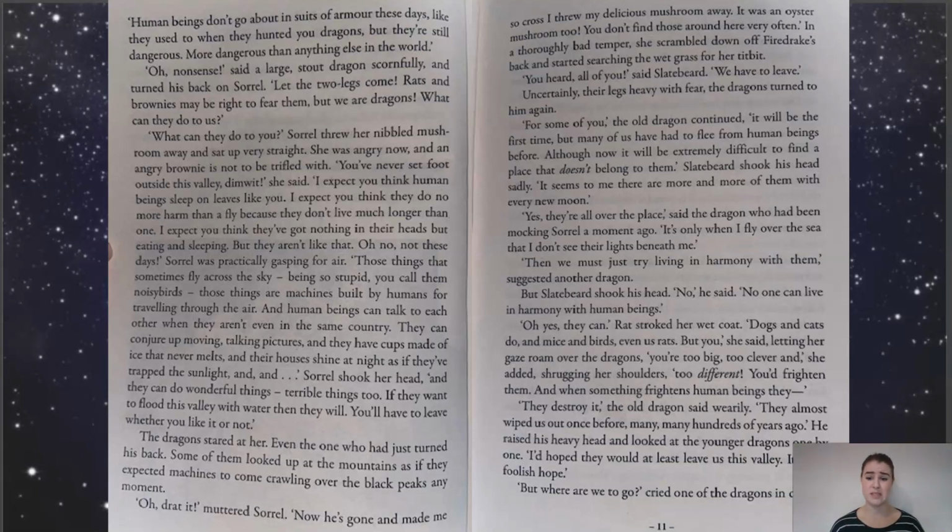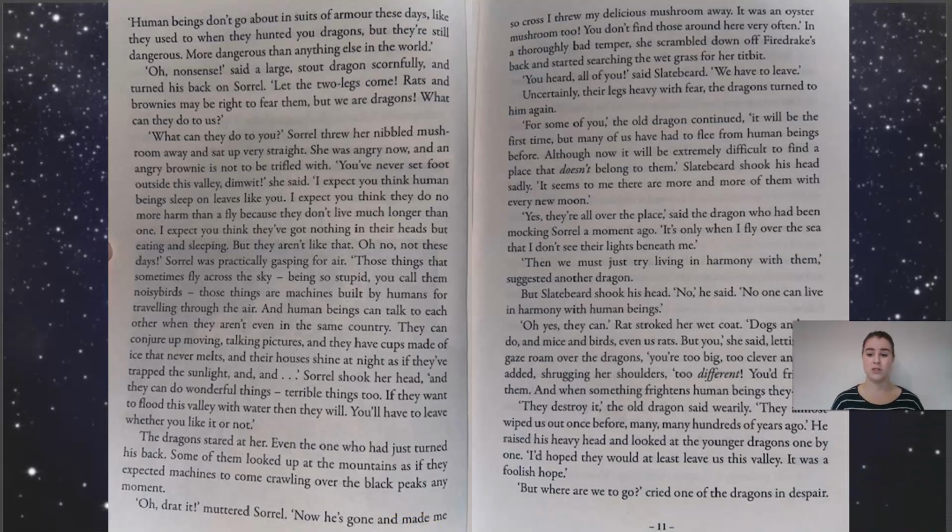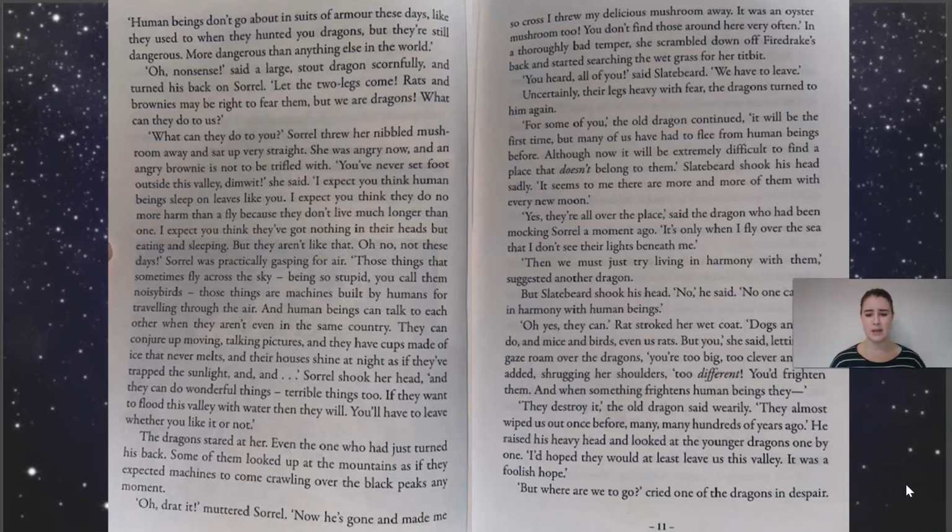You'd frighten them, and when something frightens human beings, they destroy it, the old dragon said wearily. They almost wiped us out once before, many, many hundreds of years ago. He raised his heavy head and looked at the younger dragons one by one. I hoped they would at least leave us this valley. It was a foolish hope. But where are we going to go? cried one of the dragons in despair.